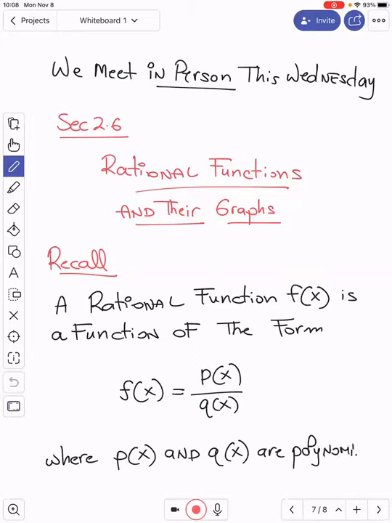So it's a quotient of polynomials, right?